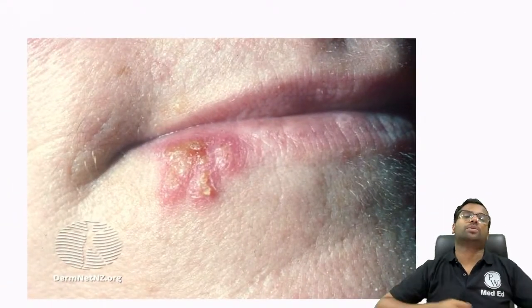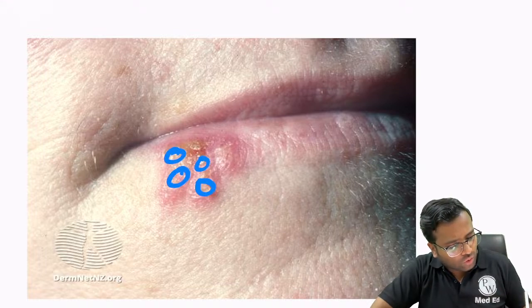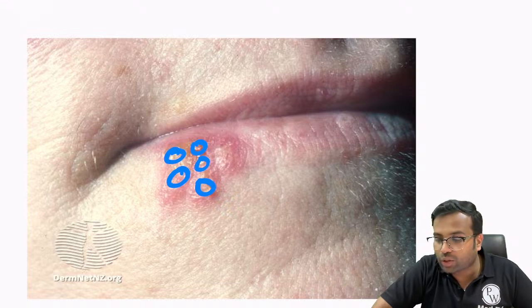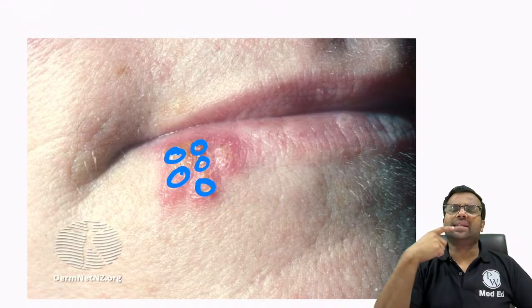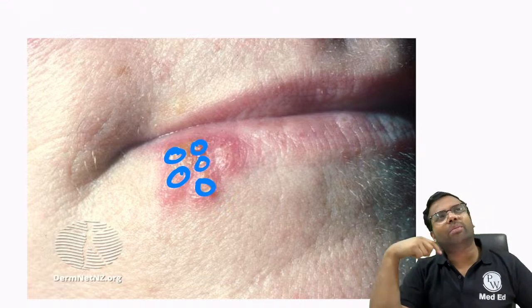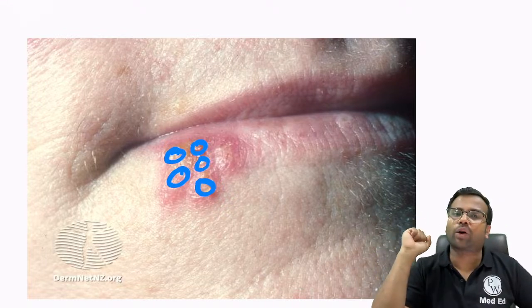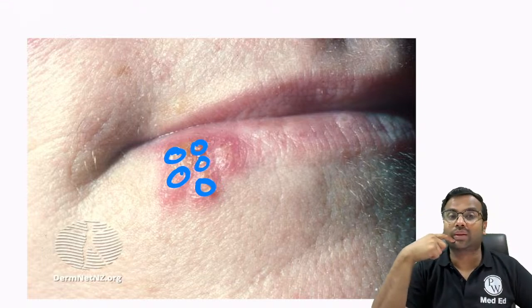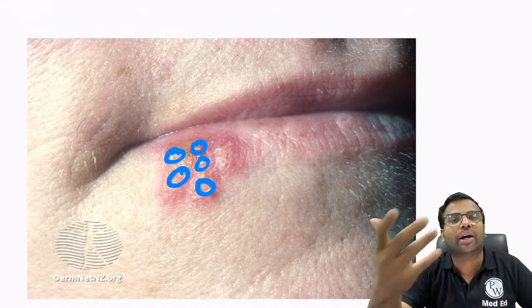That's going to be much more interesting, because if a patient presents to you with multiple vesicular lesions around the lips, what is the diagnosis here going to be? Patient says that I'm getting these kinds of lesions, and I remember such lesions were present 6 months back also, because at that time when I had an exam I developed this one. Now after 6 months I'm getting this one, which means that these are recurrent lesions.